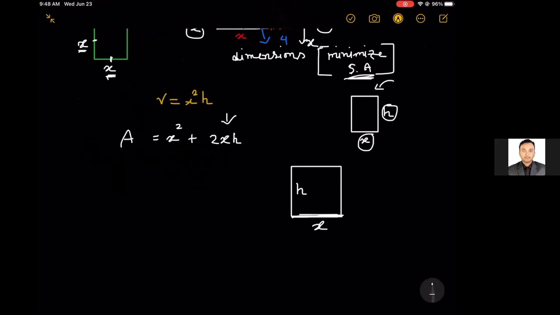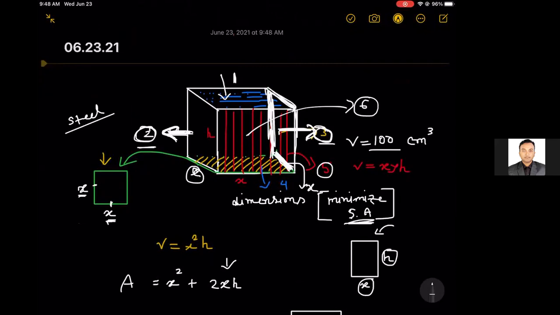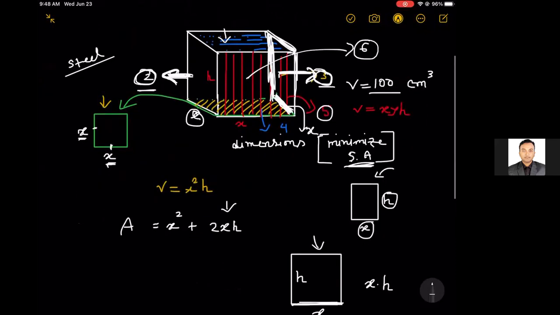So again, the surface area of this will be x times h. And similarly, the opposite side will also have x times h. Do you agree if I say the opposite side will also have the area x times h?